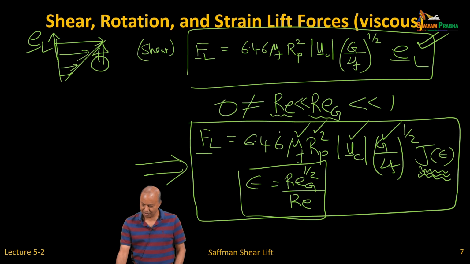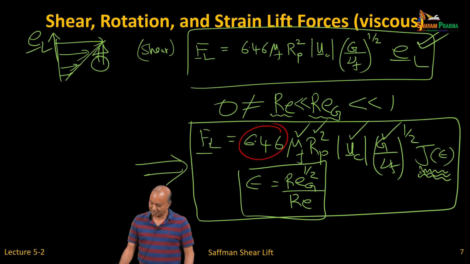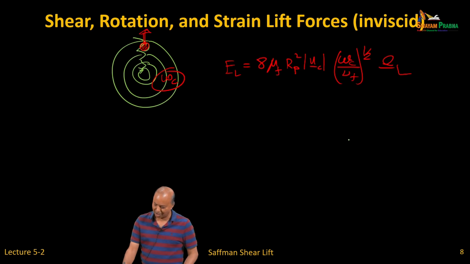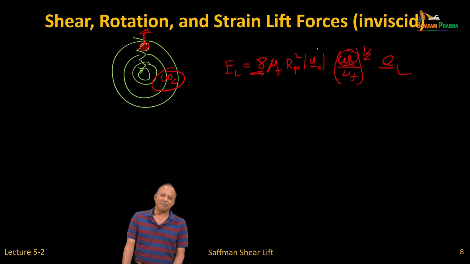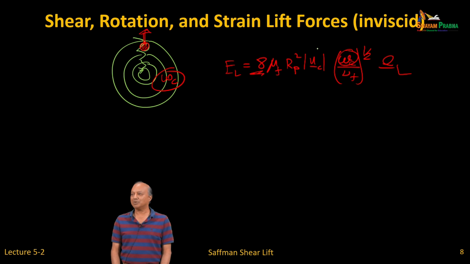Okay, instead of 6.46 and the shear, here you have 8 and vorticity. Same kind of formula, but I just want to impress that Saffman's lift people use all the time in so many different places, even in places where they are not really allowed to use.